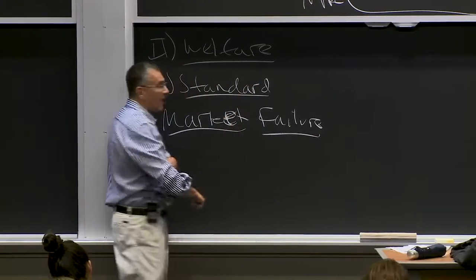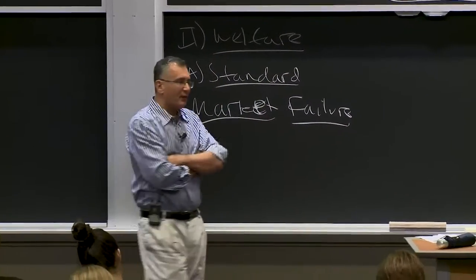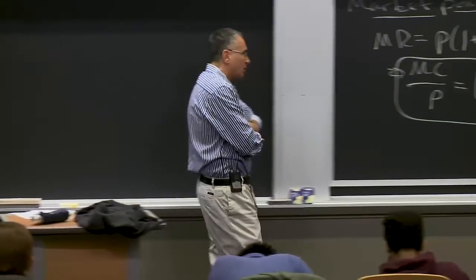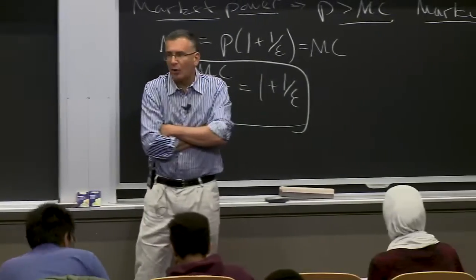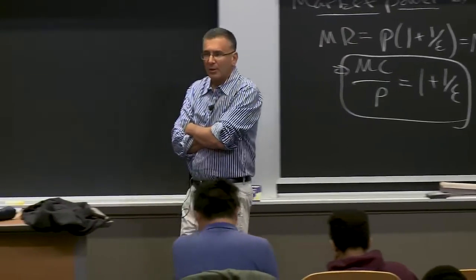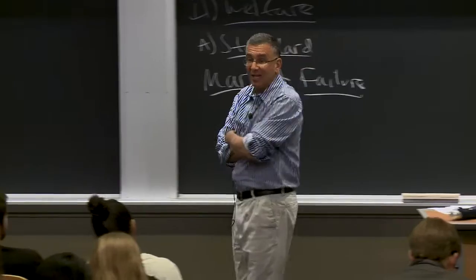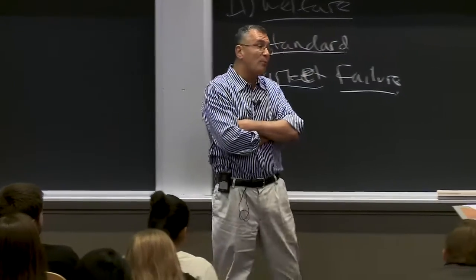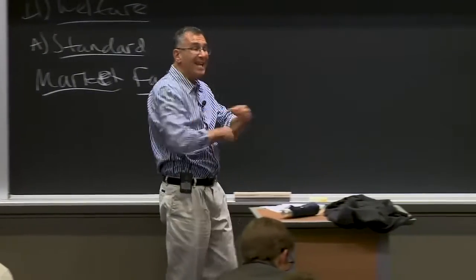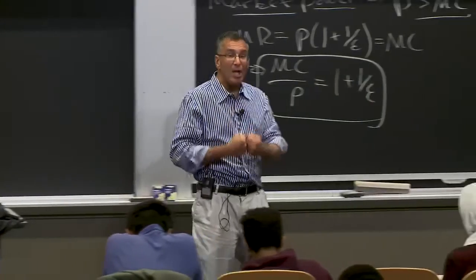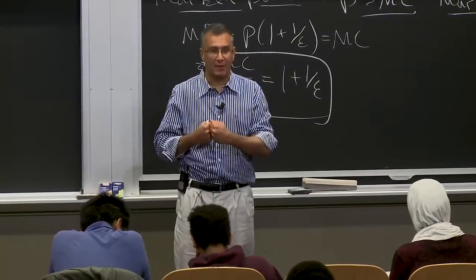And that's what, from my perspective, makes economics fun. If there were no market failures, if all markets functioned the way we said they function, then basically we could have been largely done with the course by now. What makes this all interesting is markets don't function the way we said they function in that extreme case. And therefore, a market failure is defined as a case where the market equilibrium does not maximize social welfare.